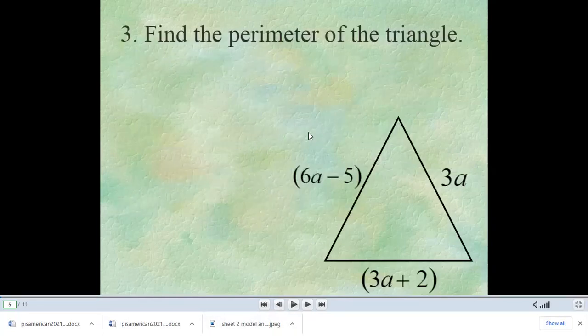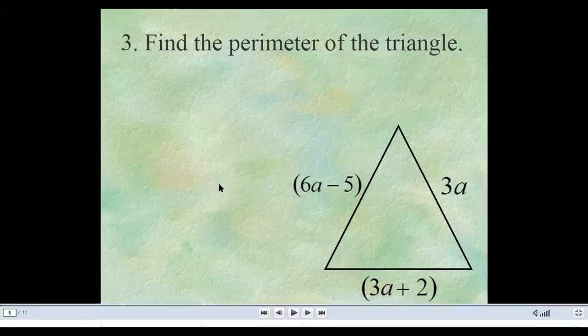Find the perimeter of the triangle. If I want to find the perimeter for this triangle, grade 8, what are we going to do? What is the perimeter for any triangle?